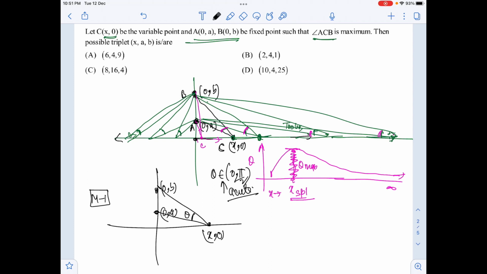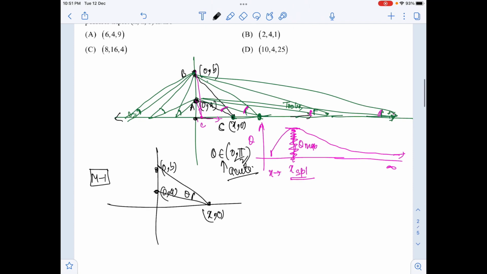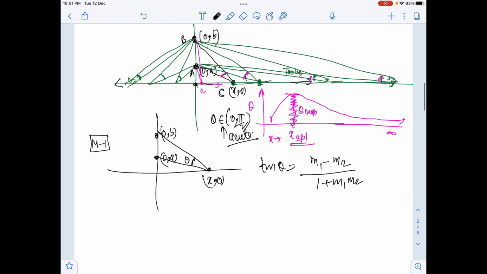I'm only bothered about the positive x-axis because of these options. Anyway, you can do the same for negative. So from here, because we know how to relate theta with tan, tan theta will be m1 minus m2 over 1 plus m1 m2. Since theta is acute, I have to take the mod anyway.